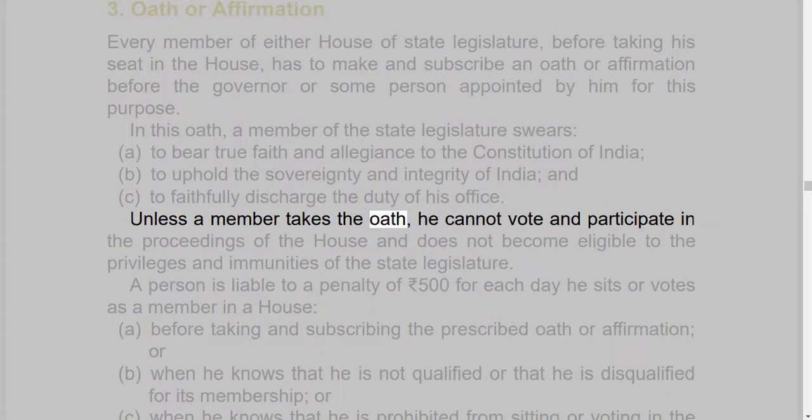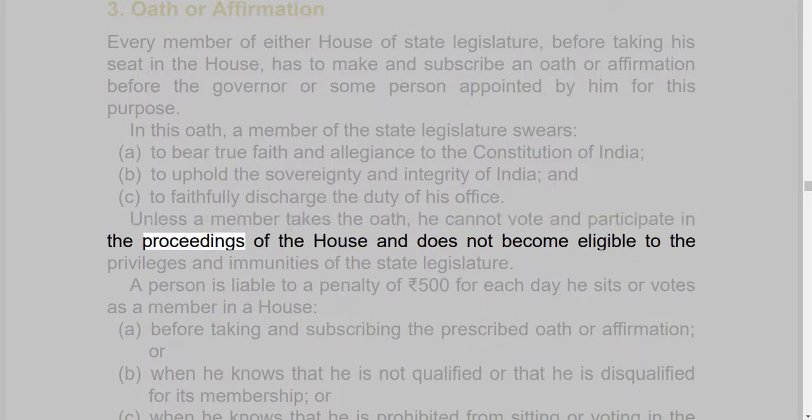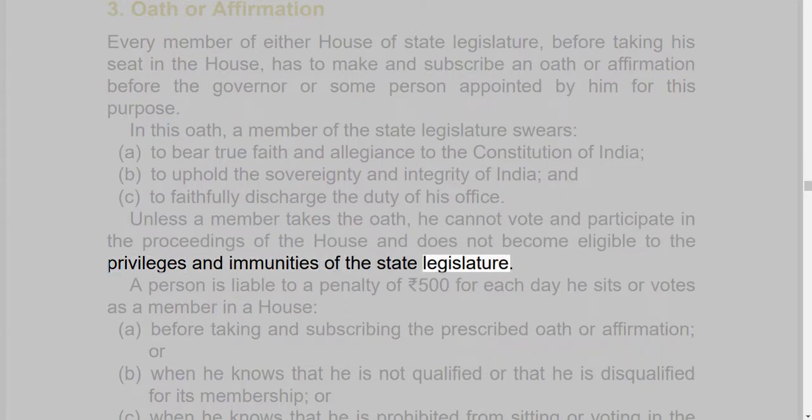Unless a member takes the oath, he cannot vote and participate in the proceedings of the House, and does not become eligible to the privileges and immunities of the state legislature.